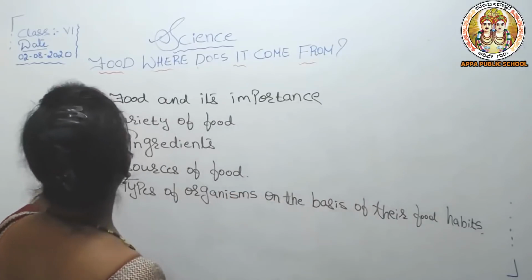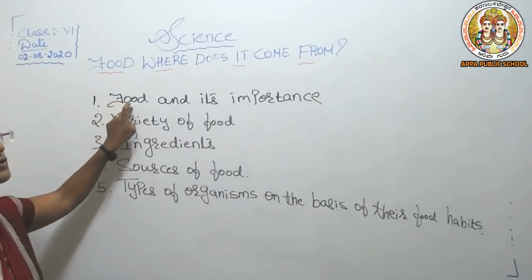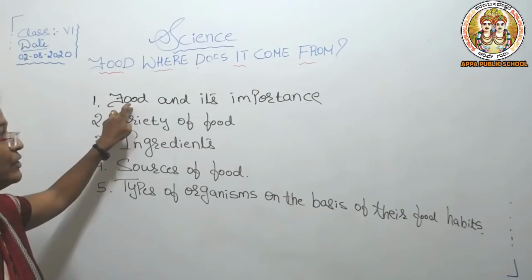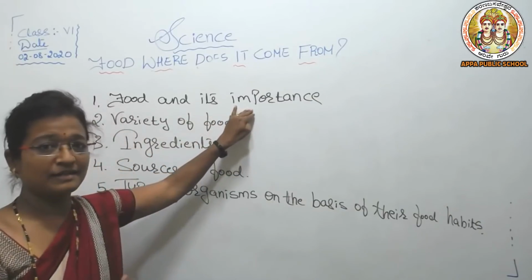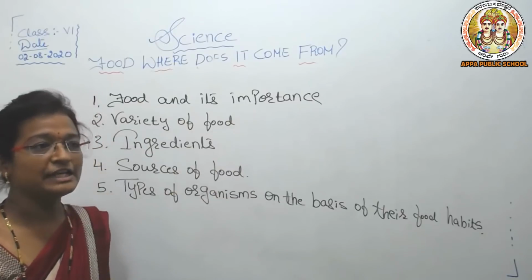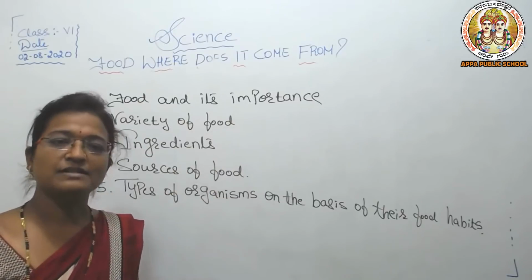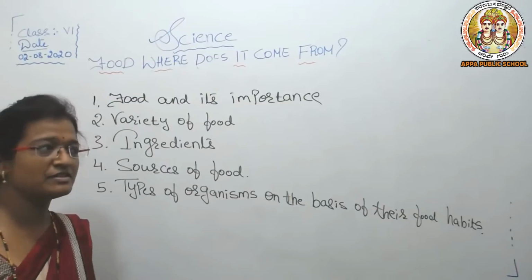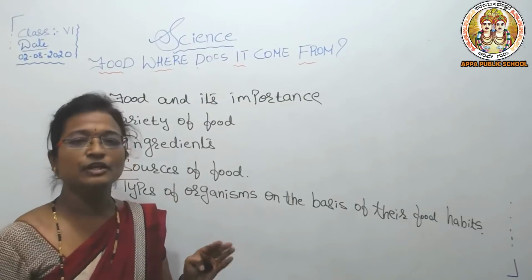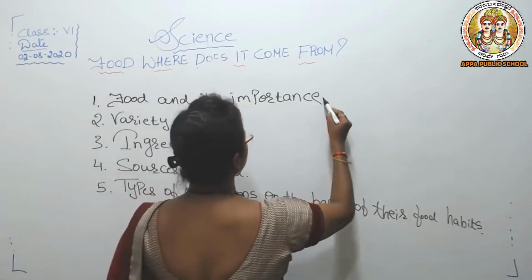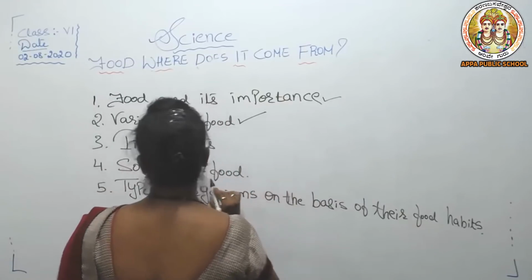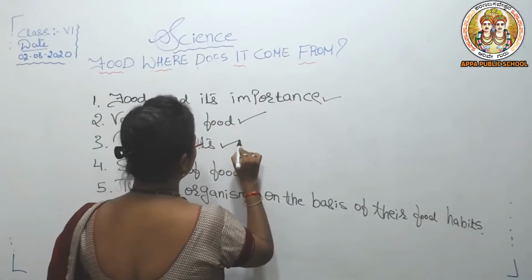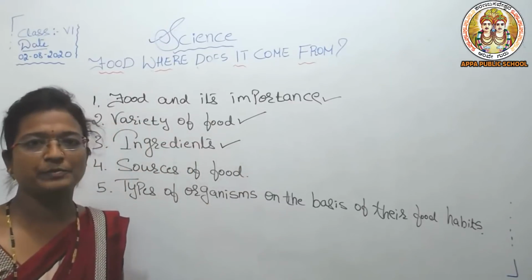As we all know the definition of food: the nutritious things we eat for obtaining the nutrients is called food, and its importance is it provides energy to our body, it keeps us healthy, it protects us from various germs and infections, and it helps in growth and development. A vast variety of food is there in India, and ingredients are the materials required to prepare a dish.